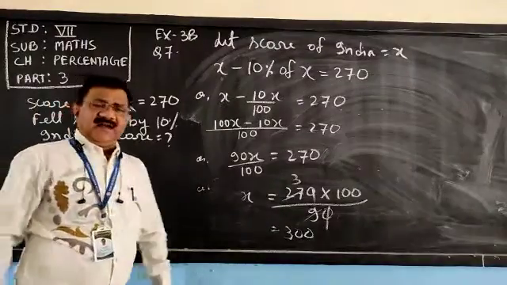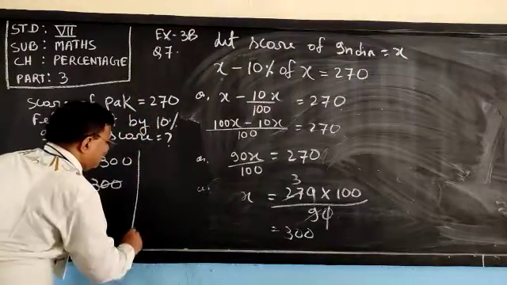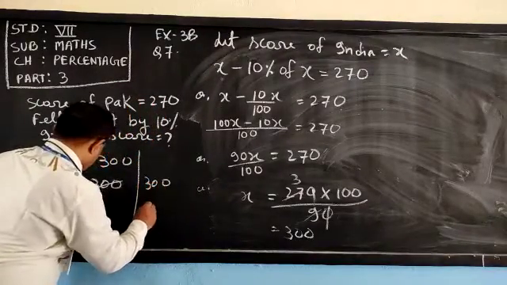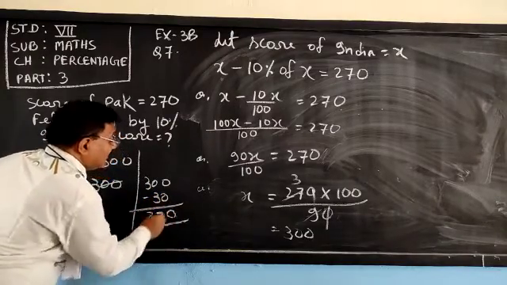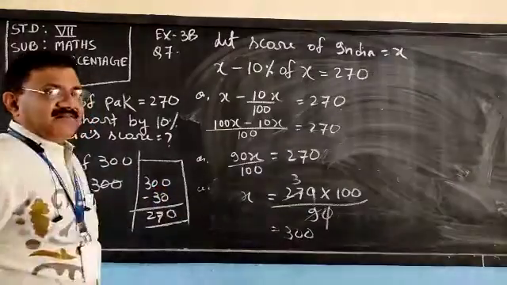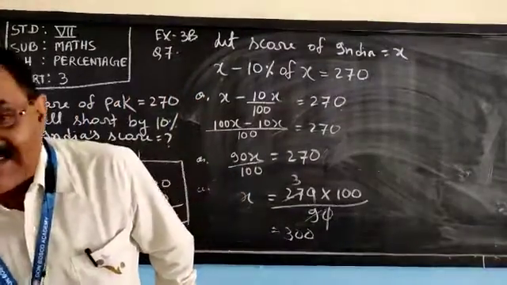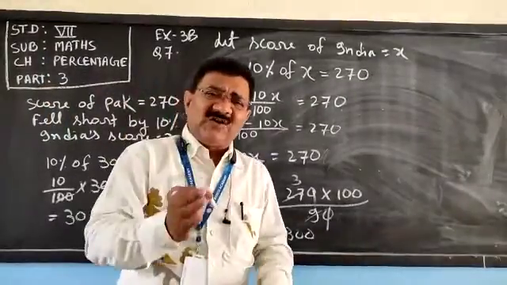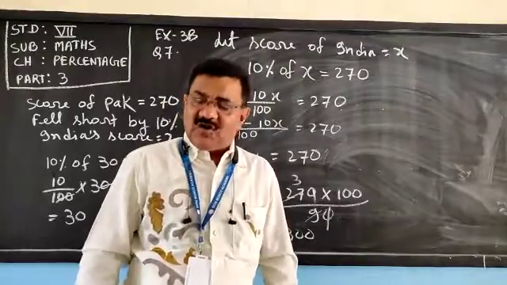Subtract 300 and 30. Is it 270? Is it the score of Pakistan? It means our answer is correct. Maths is such an easy subject that there is no need to see the answer. You can check whether you are right or wrong.